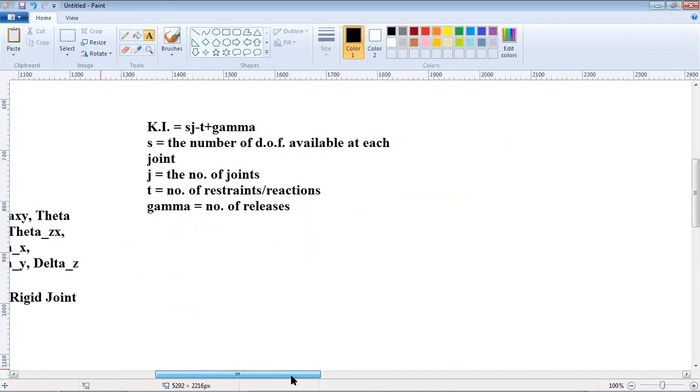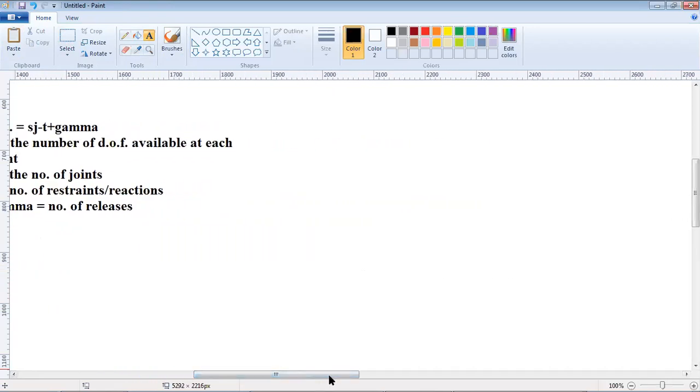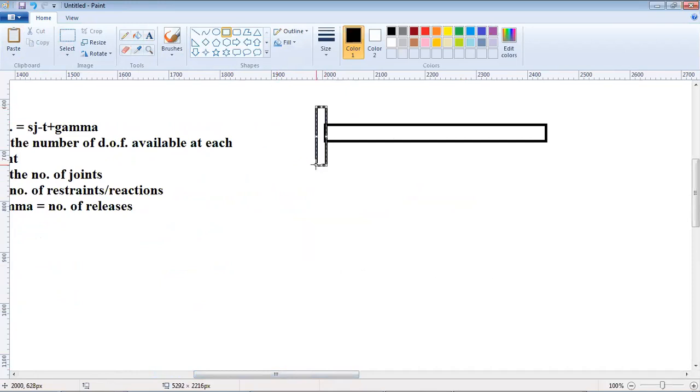So, for example, if we take a question, let me take a question here. If this is a beam, it's fixed at both ends, fixed here, at these two ends.